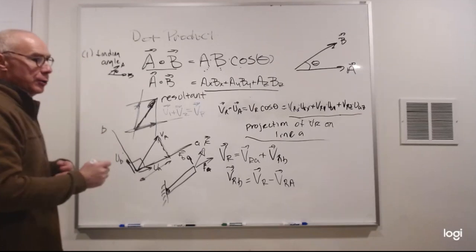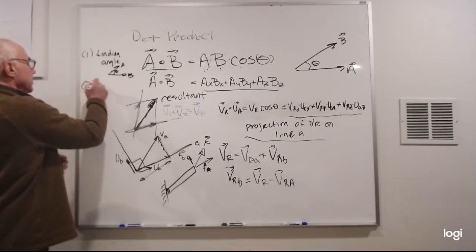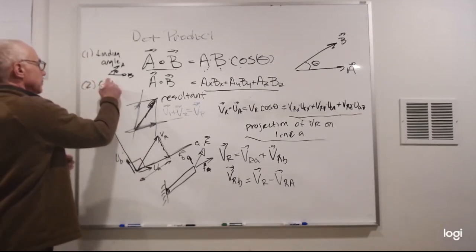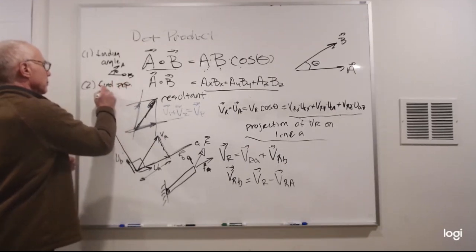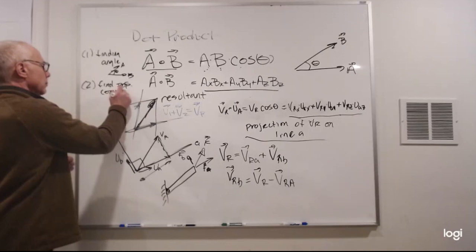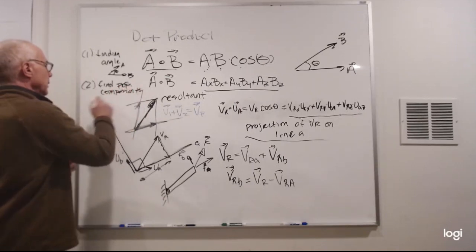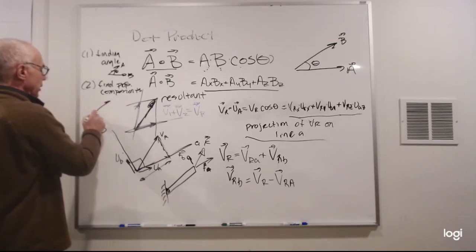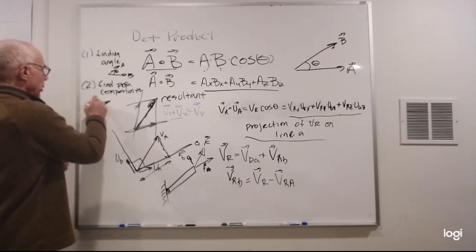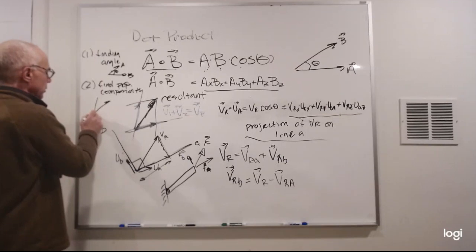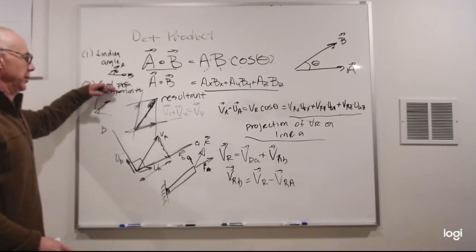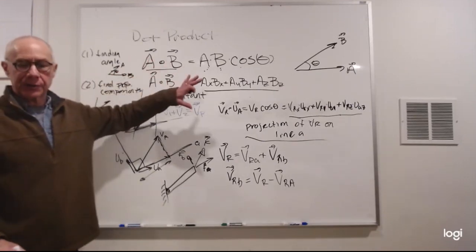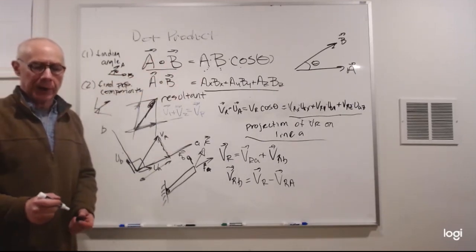And number two is finding the perpendicular components. In this case, if you had a force like that, you want to know components along lines that are perpendicular to each other. So the perpendicular components, those are the two applications of the dot product that you should be aware of.